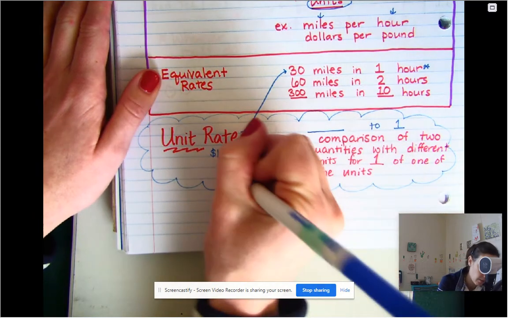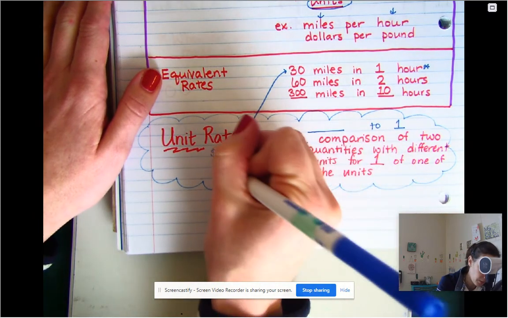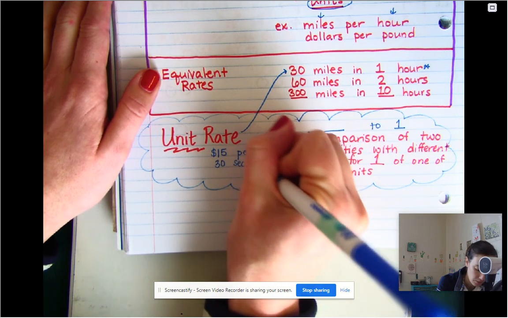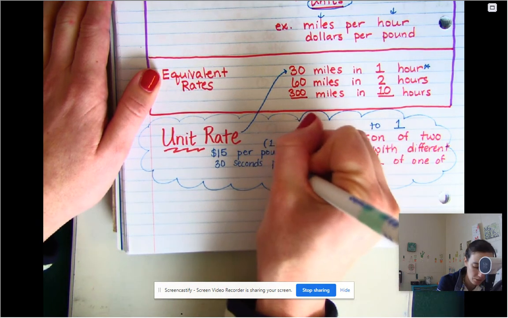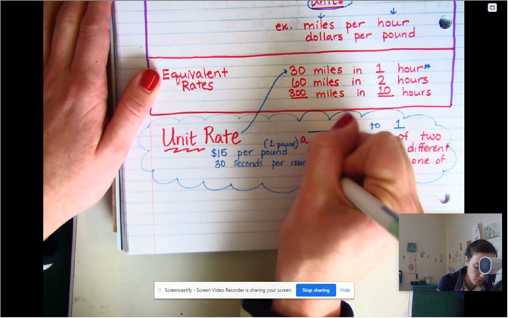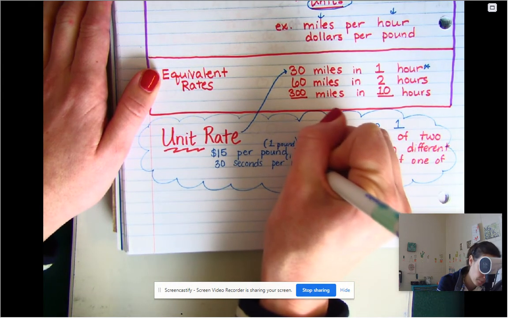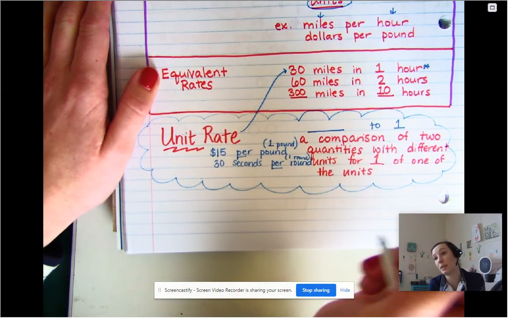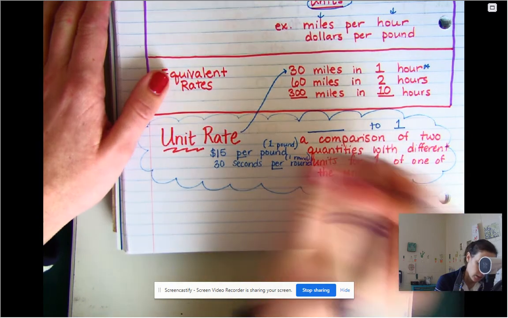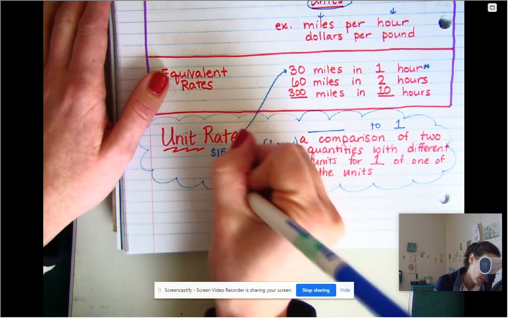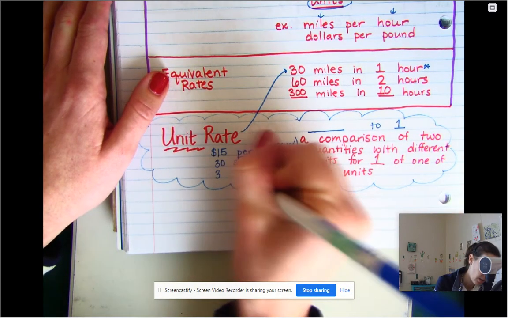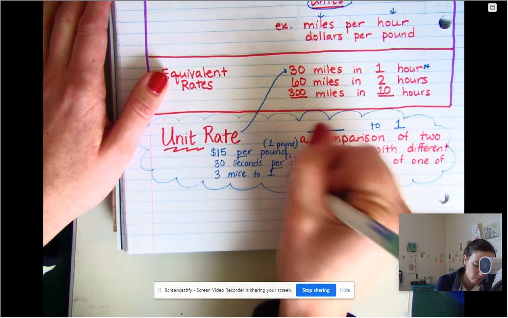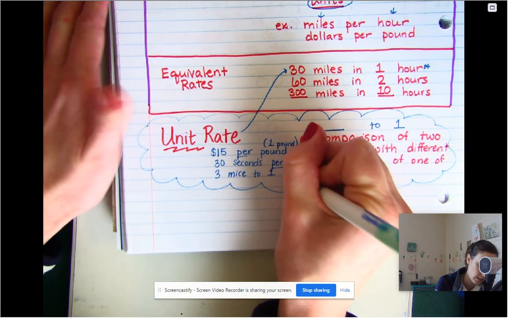If I have 30 seconds per round of a game. So for 1 round of the game, per is a good indicator that it's probably a unit rate. 3 mice to 1 slice of cheese.